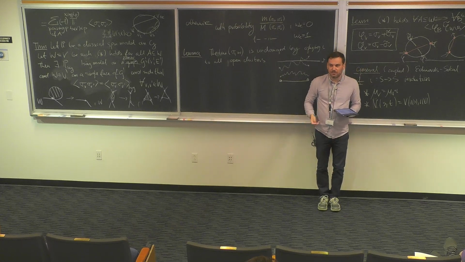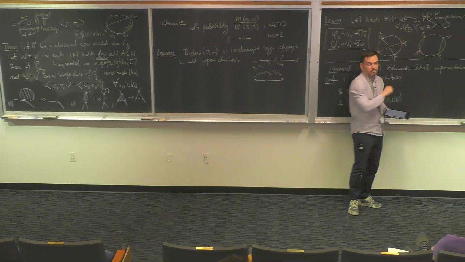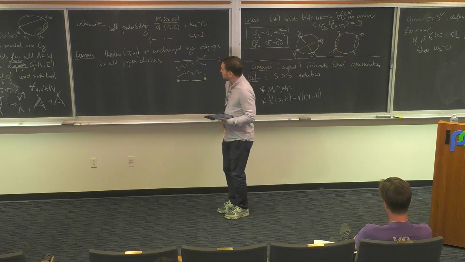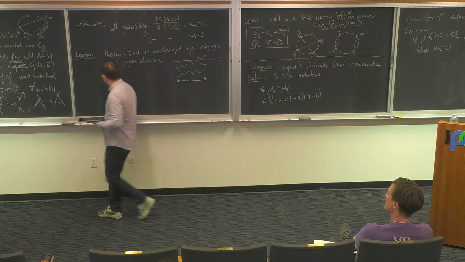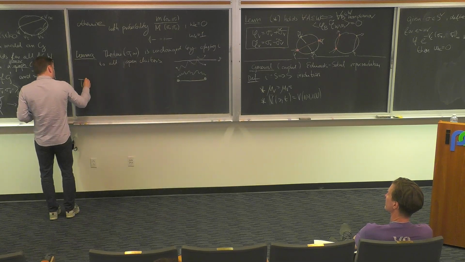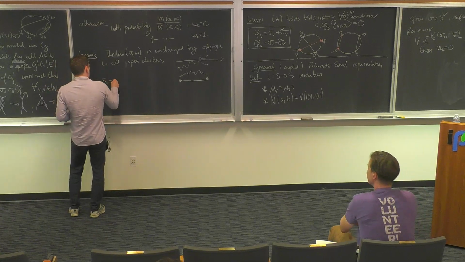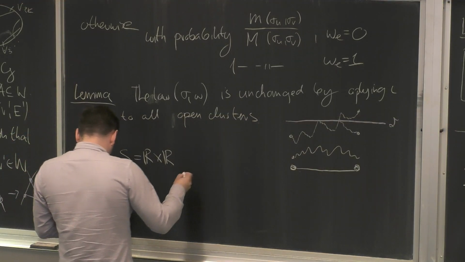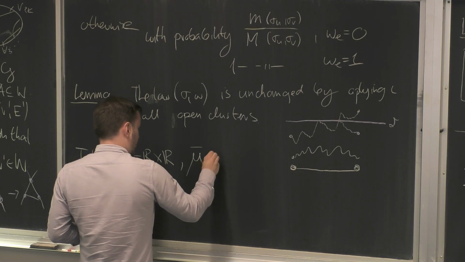Okay, so where is this going? I want to have a representation for such observables. So the idea is to take the product space, so S is just R times R. The measure at the vertex is just the product of the two measures. I can denote it with a bar.